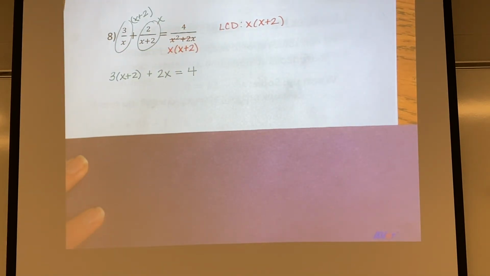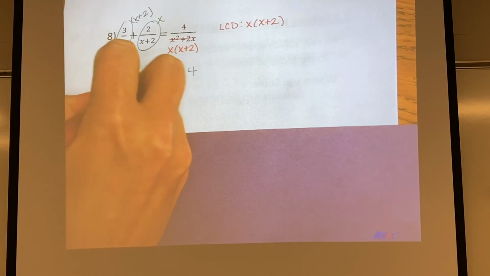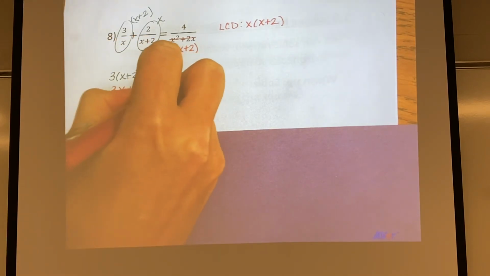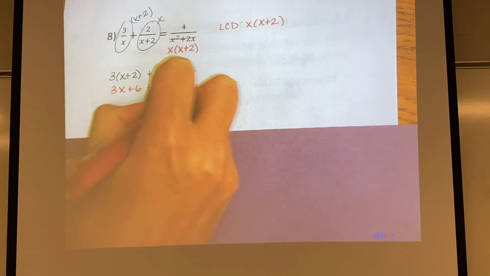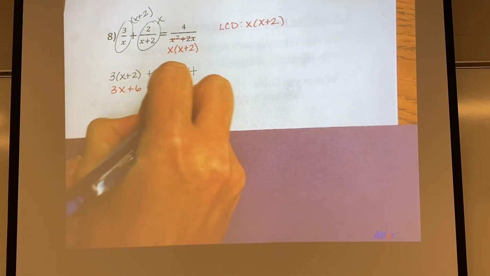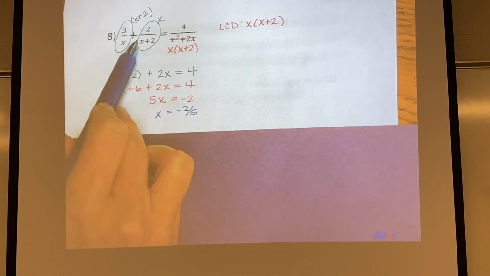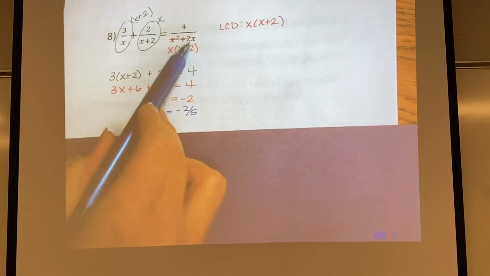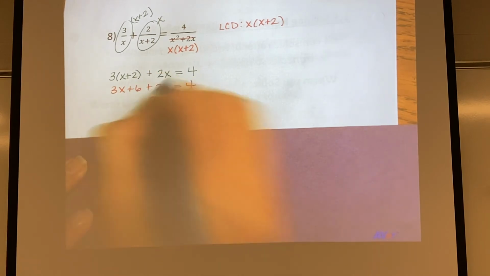So we have 2x equals 4, and then we just solve normally. 3x plus 6 plus 2x equals 4, which simplifies to 5x equals negative 2. So when we divide by 5, we get x equals negative 2/5. We want to check to see if it makes any of our denominators equal to 0, and we substitute it back in, and it does not, so it's okay.